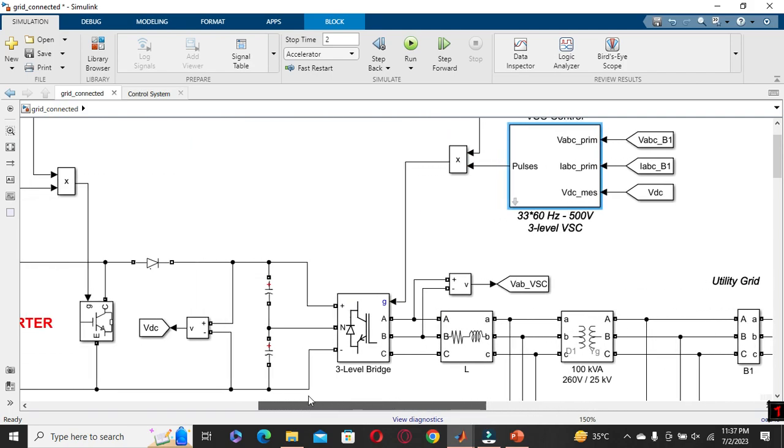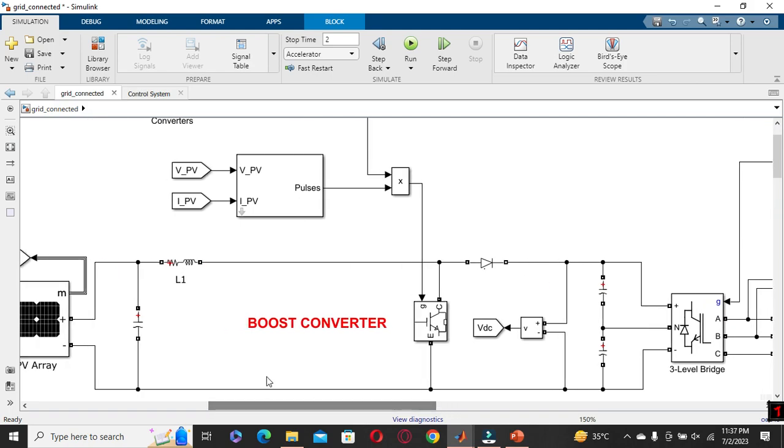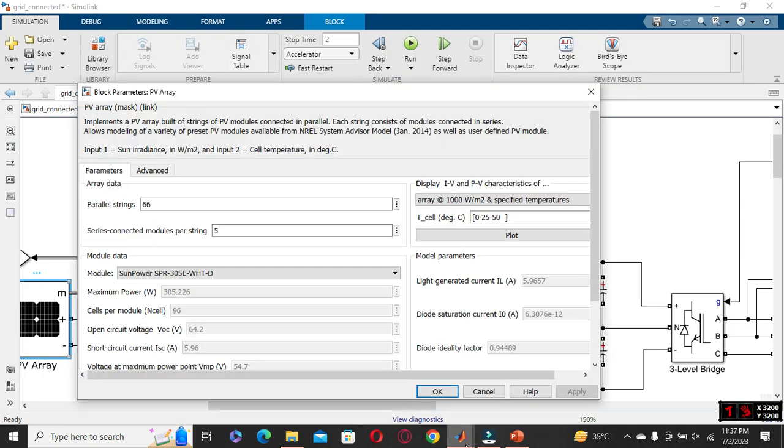So here, what is the purpose of these two parameters? Let us suppose at the point when the solar panel voltage is reduced, like let us suppose it is 36 volt. Each panel is producing almost 36 volt. Let me check it again. Yeah, 64 volt.